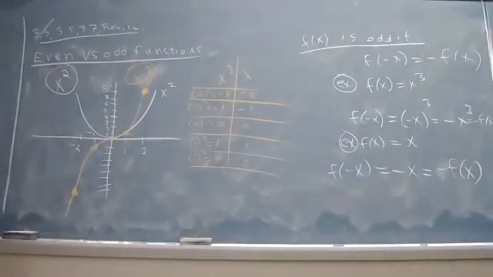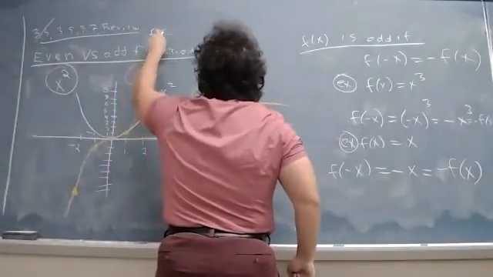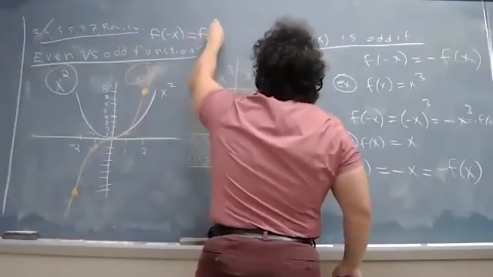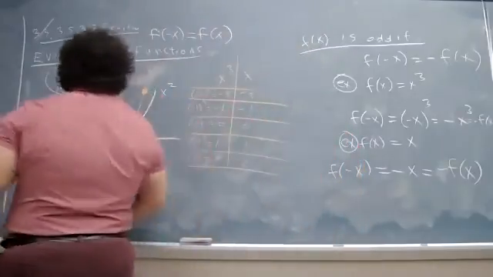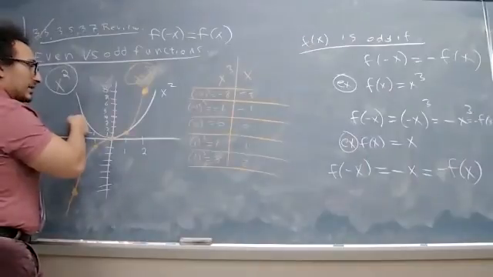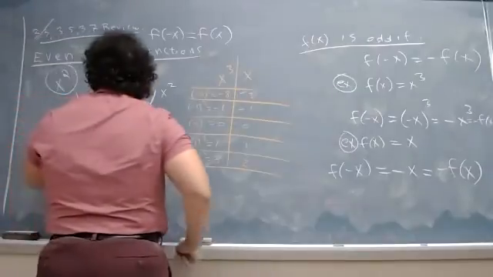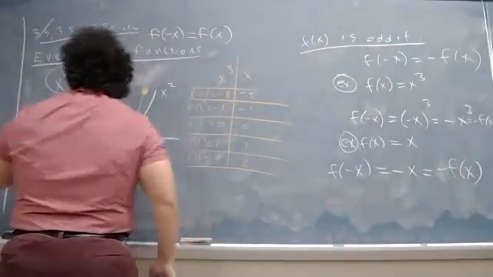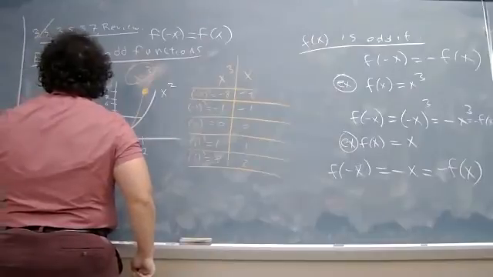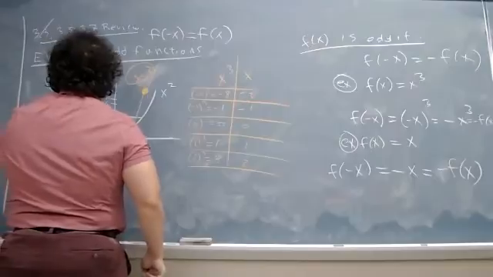An even function is a function such that f of negative x is equal to f of x. x squared is like that because f of negative 2 right here is the same value as a positive f of 2, which is 4. See, f of negative 2 is equal to f of positive 2. And they're both equal to 4.